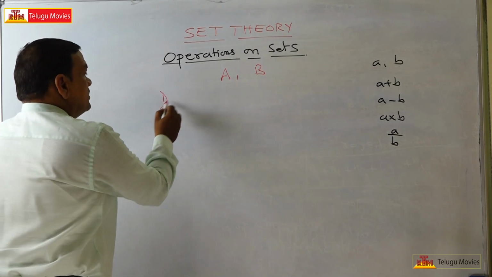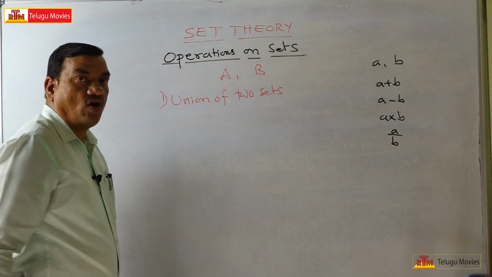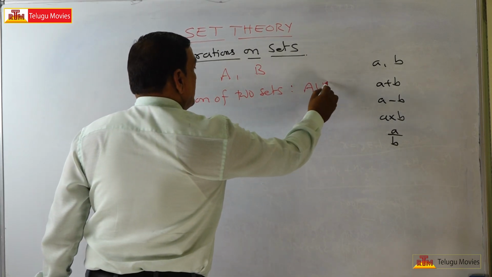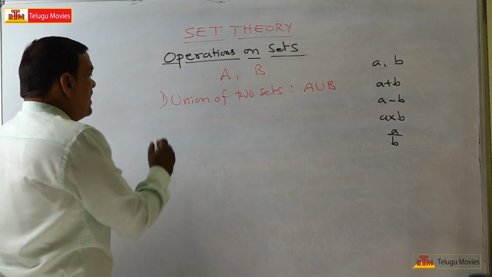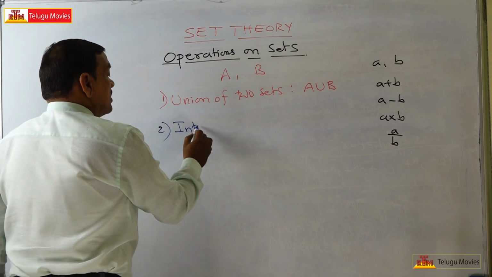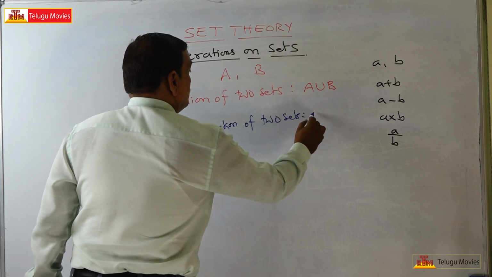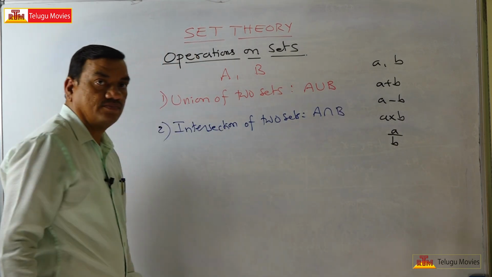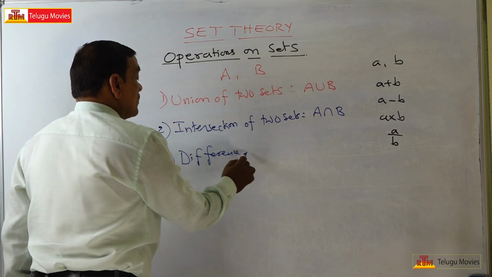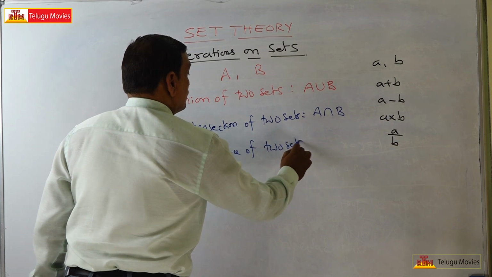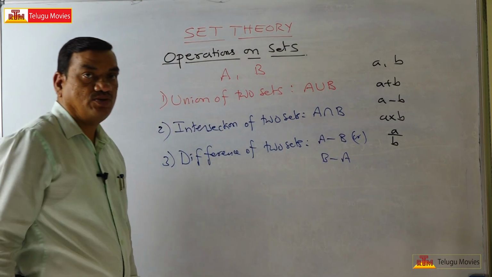The first one is the union of two sets, denoted A union B. Now I will explain each one in detail. The second one is the intersection of two sets, denoted by A intersection B. The third one is the difference of two sets, which is A minus B or B minus A. I will explain what A minus B and B minus A are.